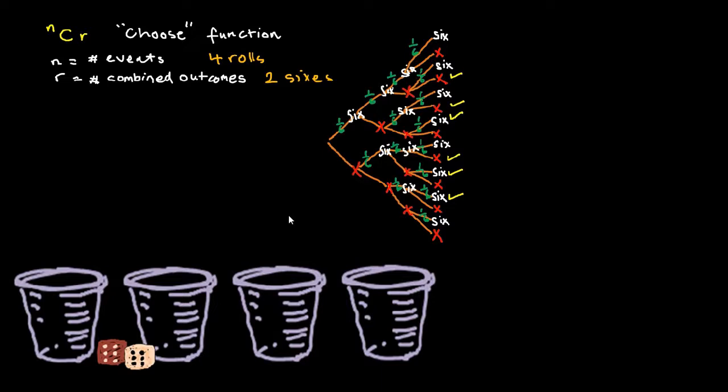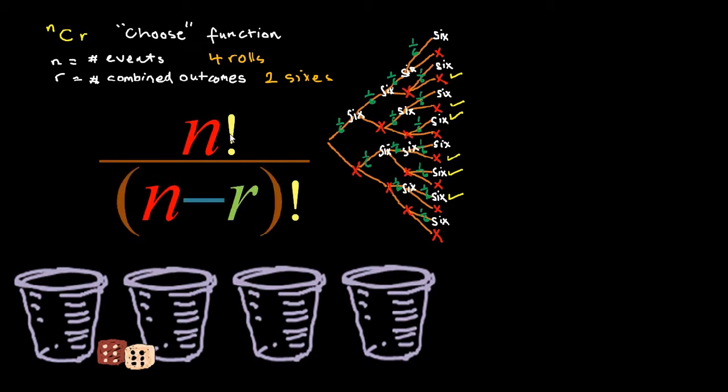And that's why I've coloured this dice red and this dice white. So the formula for permutations in fact looks like this. It's n factorial, so in this case 4 factorial, divided by n minus r factorial. In other words, 4 minus 2 factorial. So let's understand how that works, and then we'll move to the combinations formula.